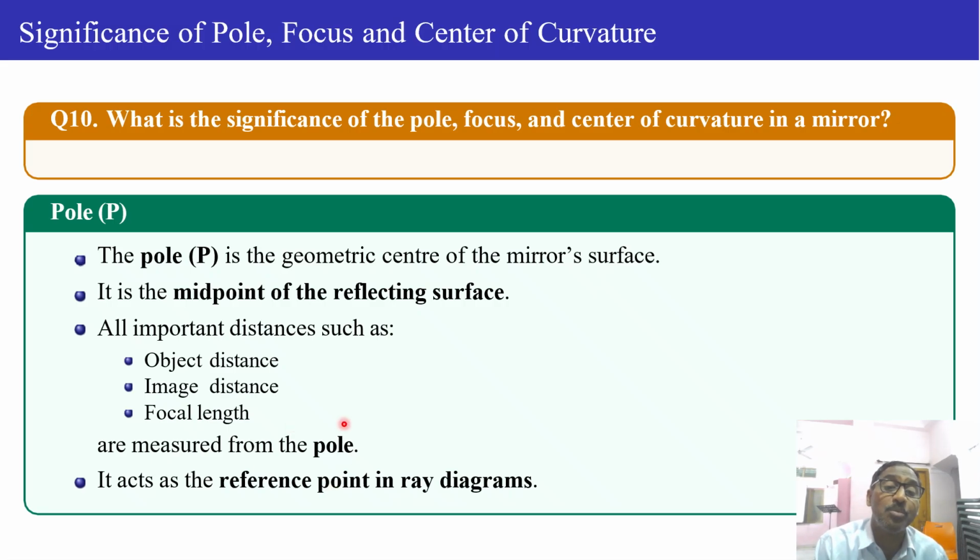The distance from pole to object is known as object distance. The distance from pole to image is known as image distance. The distance from pole to focus is known as focal length. So pole P acts as the reference point in ray diagrams.